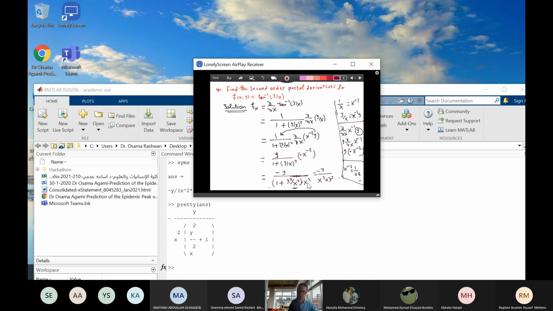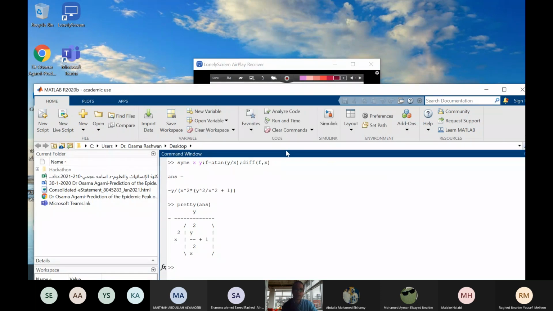Okay. Yes. Now let's go for the fy. I'm just copying this one and changing x to y, right? And I call my result fy, because this is the derivative of f with respect to y, so I change x to what? To y.